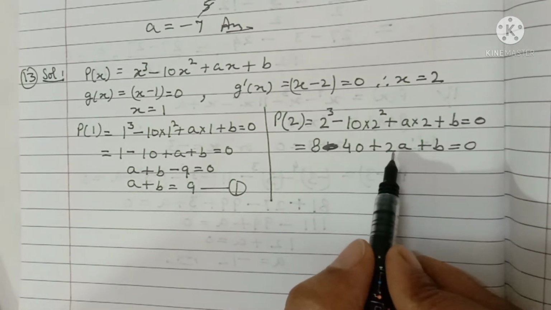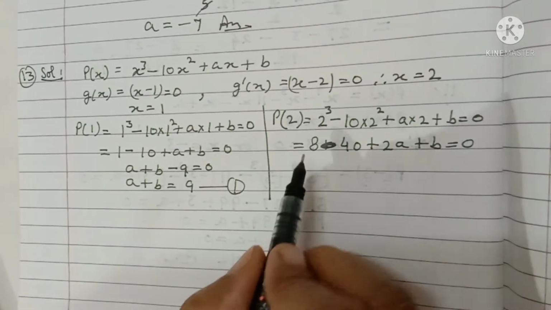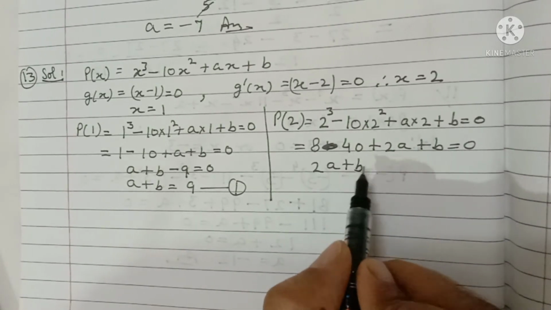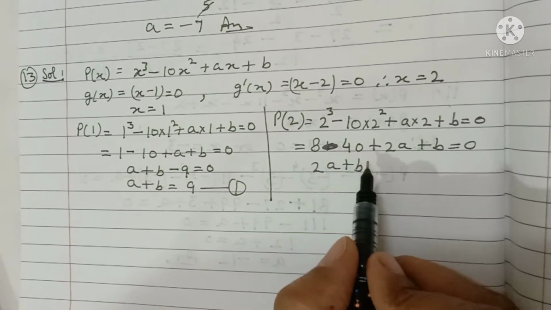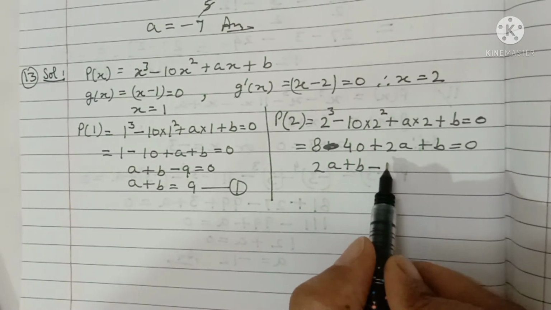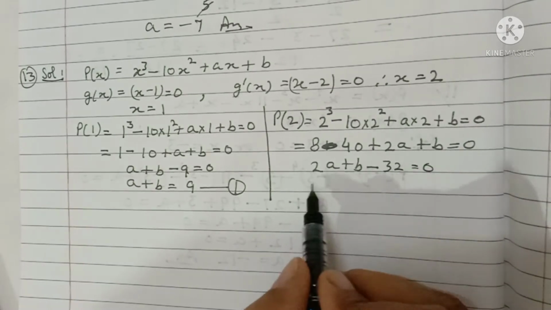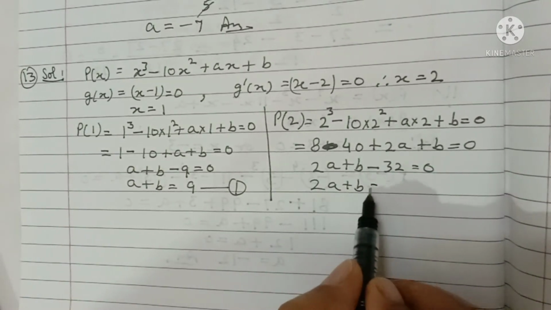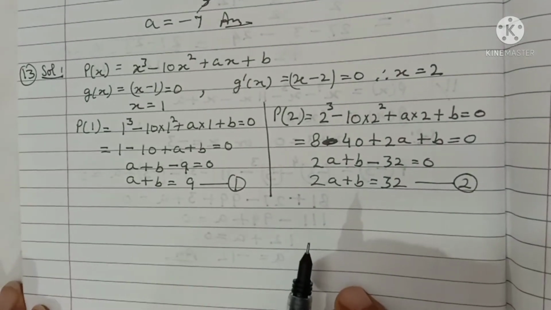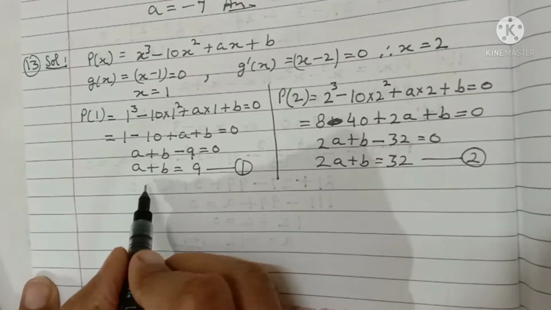Now solve it. 2a plus b, and here you will get minus 32. Minus 32 is equal to 0. 2a plus b is equal to 32. This is equation second. Solve these two equations.